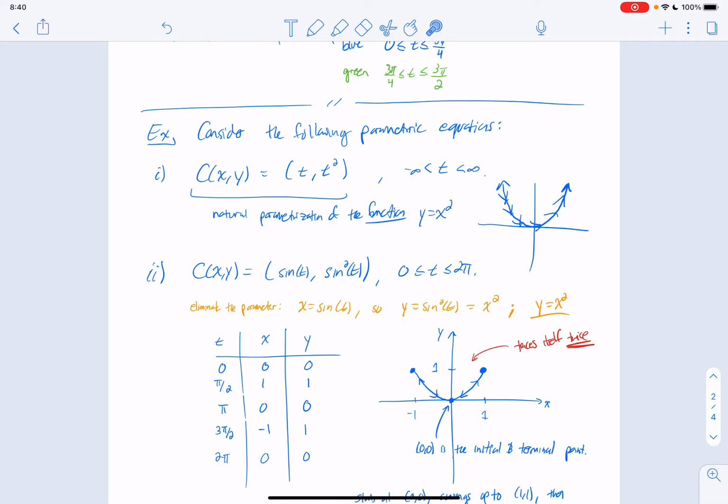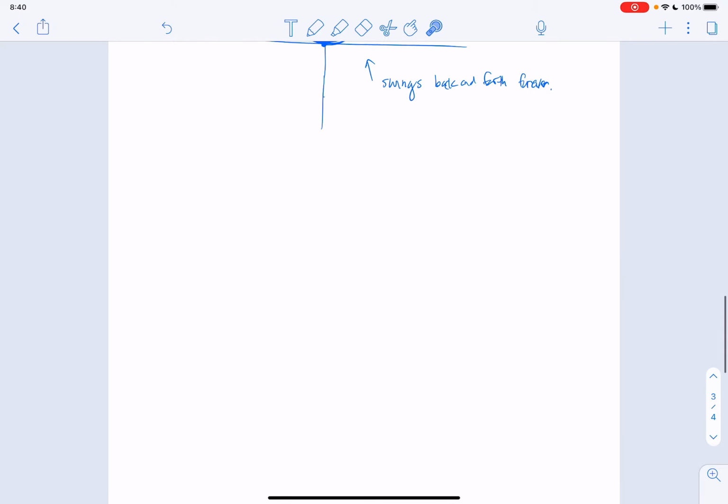So I think the last example I'd want to take a look at in this mini conversation is an example of a parametric curve where your test points have to be carefully chosen. So let's take a look here.